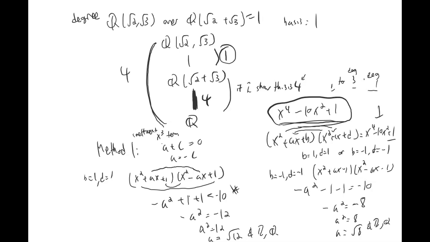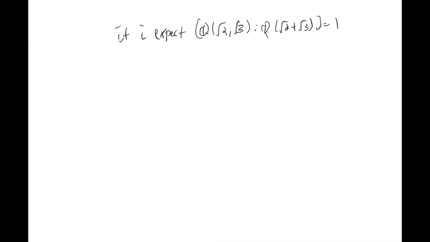We do it like brute force, sort of. Okay, we could do it our way. So if you're expecting this is 4, so if I expect Q adjoin root 2, root 3, and Q adjoin root 2 plus root 3 is 1, then that means these fields are equal. And it's pretty clear that we have one direction. This thing is certainly bigger than this thing; it's contained, and this thing contains this one.